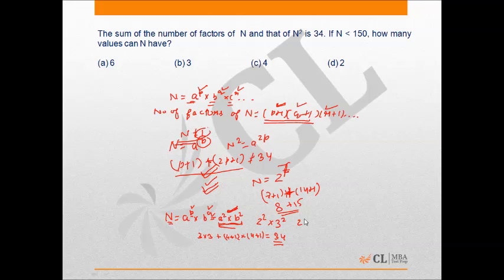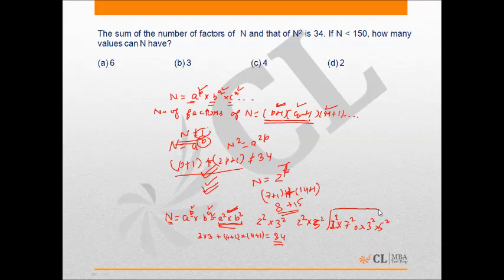Second number 2 raised to power 2 into 5 raised to power 2. Now the next number that would come in this sequence could be either 2 raised to power 2 into 7 raised to power 2 or 3 raised to power 2 into 5 raised to power 2.